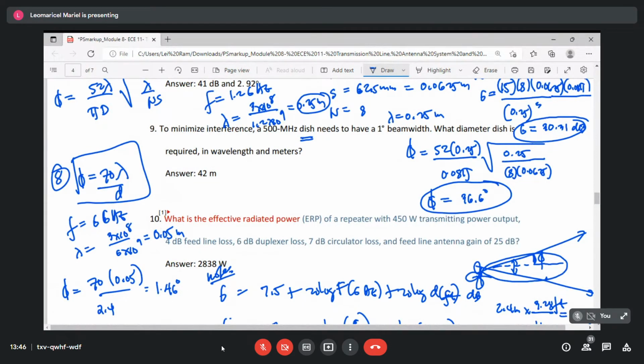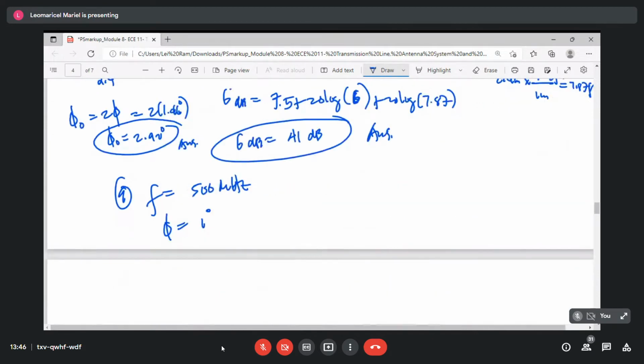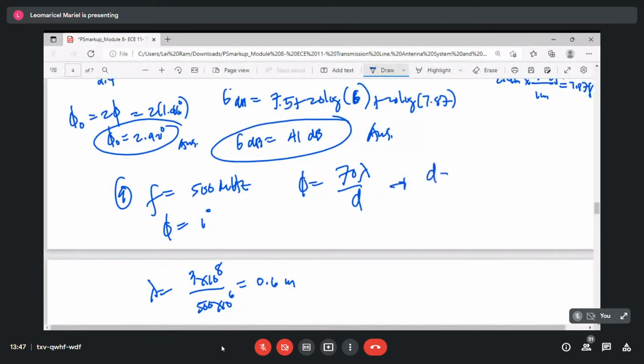Easy. You have a beam width equal to lambda over d, for a parabolic dish. Lambda will be 3 times 10 to the 8 over 500 times 10 to the 6, which is 0.6 meter. Using this formula, the diameter will be 70 lambda over the beam width.